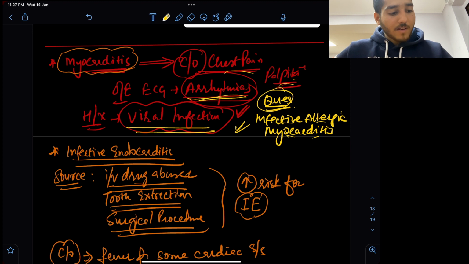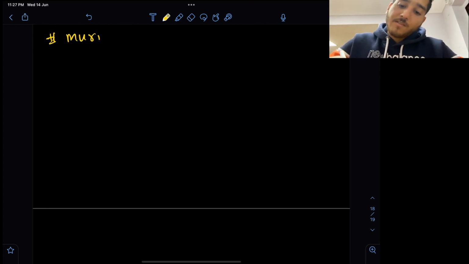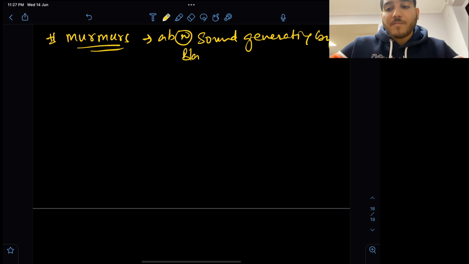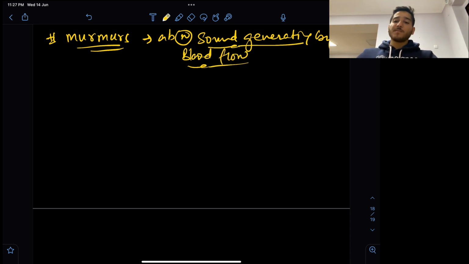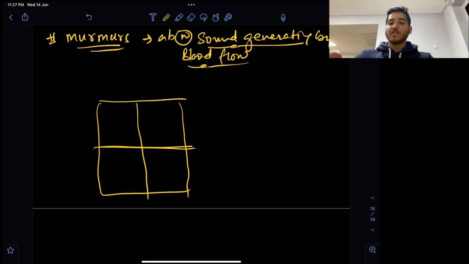After myocarditis and infective endocarditis, we'll cover murmurs. Let's study murmurs right now. A murmur is any abnormal sound which is generated by blood flow. I'll try to quickly cover murmurs and simplify things also.